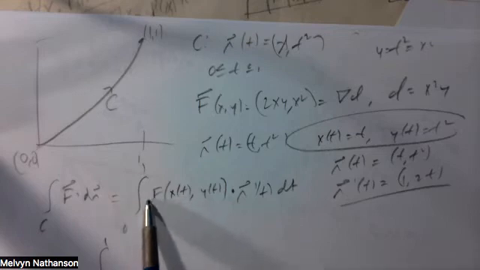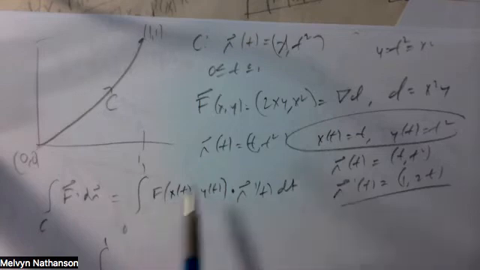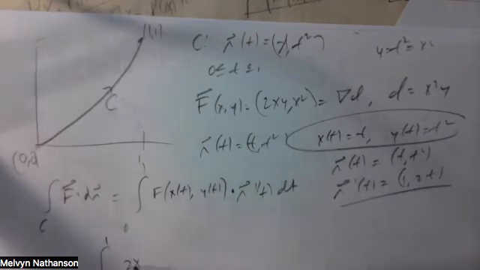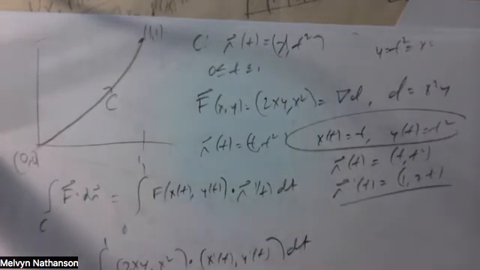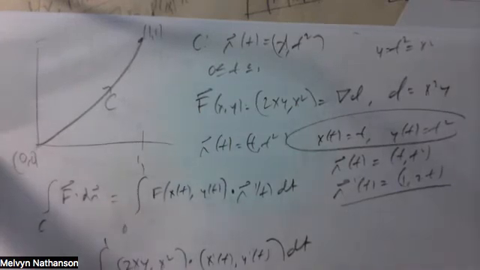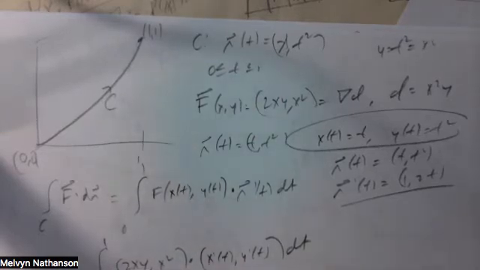So this is the integral from 0 to 1 of (2xy, x squared) dot product with (x prime of t, y prime of t) dt. This is the integral from 0 to 1 of 2xy x prime of t plus x squared y prime of t dt.